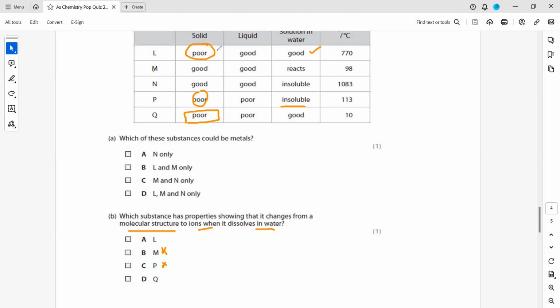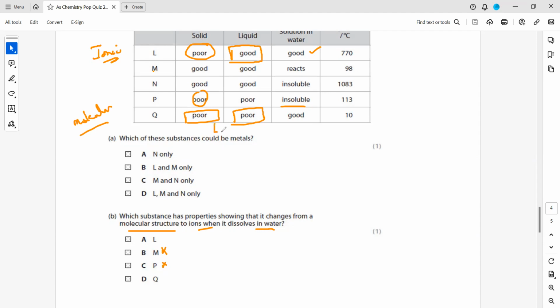But if you see for L, it is not conducting electricity in a solid, but it is conducting electricity in a liquid. So if this were an ionic structure, it would not conduct electricity in solid, but it can conduct electricity in liquid or molten state and aqueous. Here, both ways it is not conducting. So this gives an idea that it is a covalent structure, a molecular structure or a simple covalent structure.